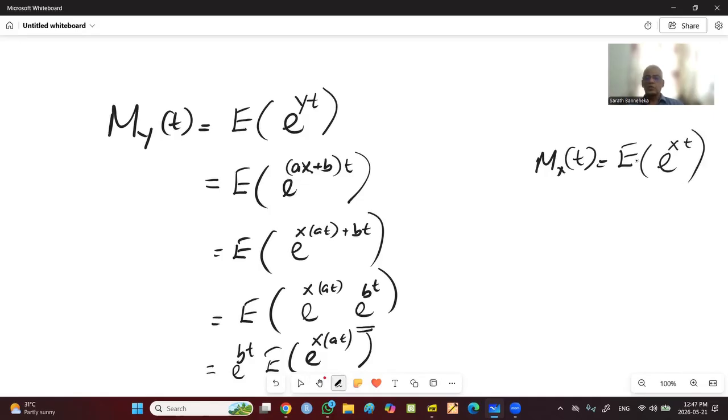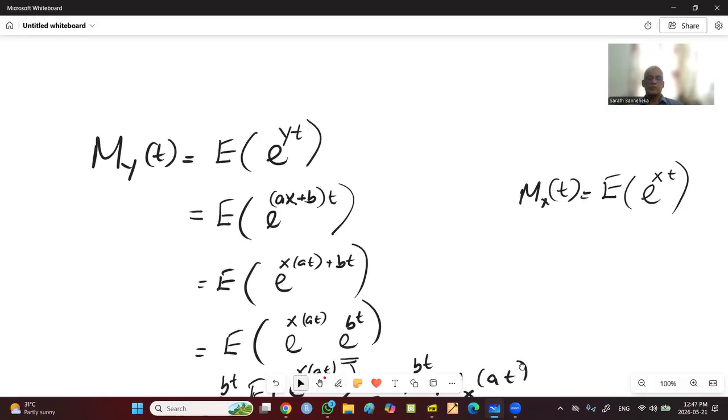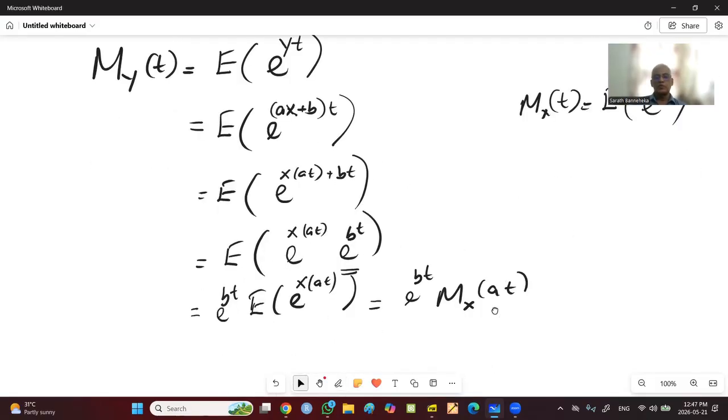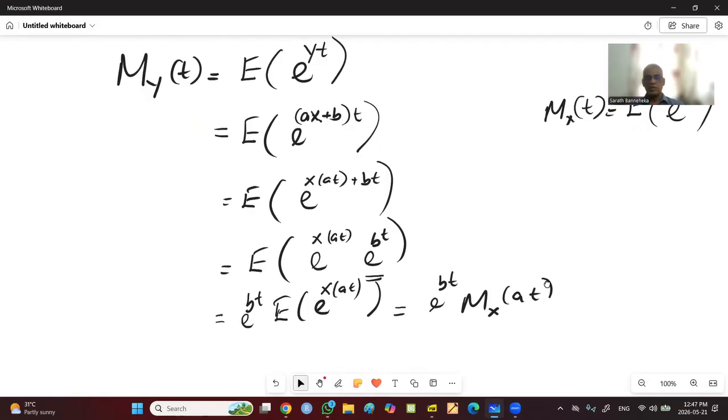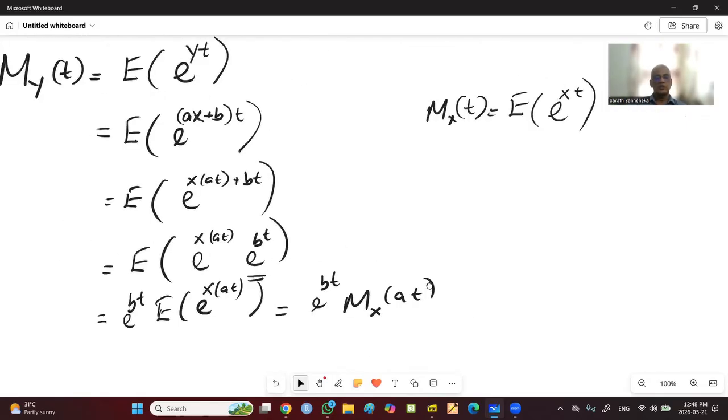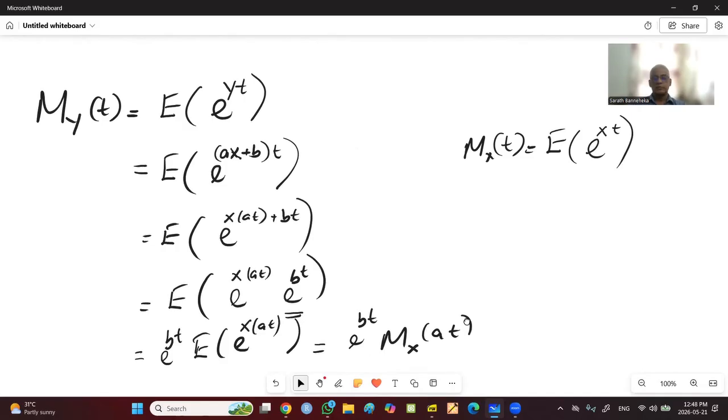So according to that definition, what you have here is the expected value of e to the power x times at, so that part should be M_X(at). Therefore this whole thing becomes e to the power bt times M_X(a times t). So that proves the first result. Very easy. I'm just using the property of expected value.